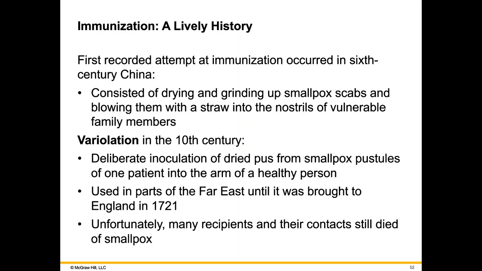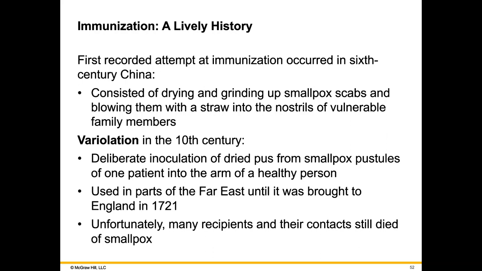So in a way, it's still exposing them to the infection. This was a common practice that was used in various parts of the Far East. It was brought to England in 1721. Unfortunately, this wasn't the most ideal method of vaccination, but it was the best they had at the time, and it was better than nothing for them.